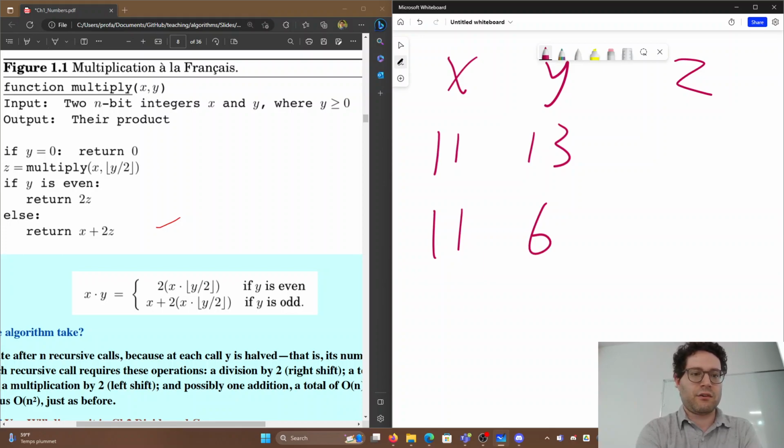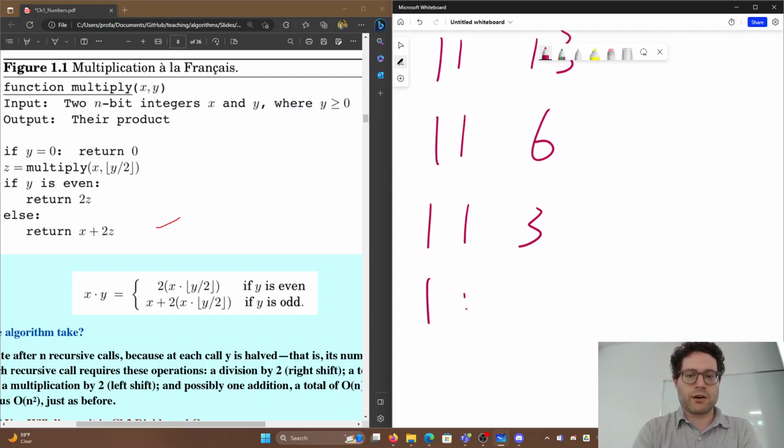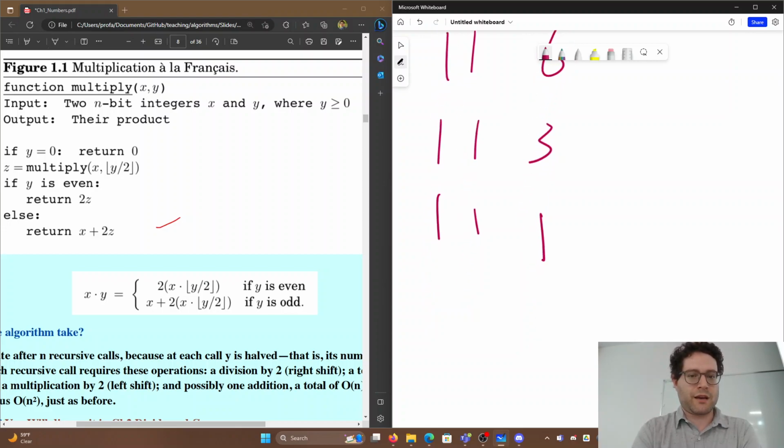If y is equal to 0, return that. Nope, y is not equal to 0, so we do another recursive call, 3, another recursive call. 3 divided by 2 is 1. And y is still not equal to 0, so 1 divided by 2 is finally 0.